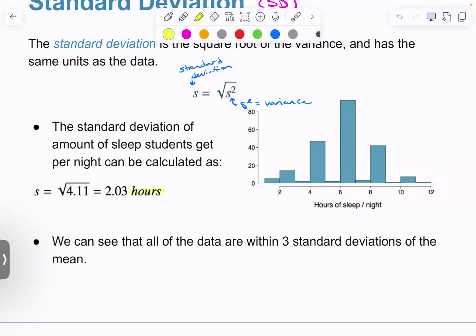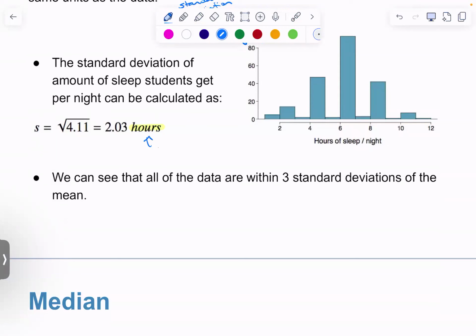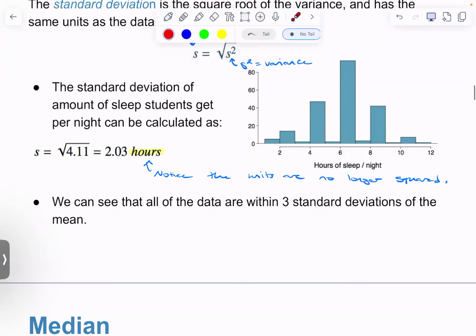So notice the units are no longer squared. It's important because it's really hard for our brains to think about units squared, especially things like hours squared. Not sure I could wrap my head around it. So roughly 2.